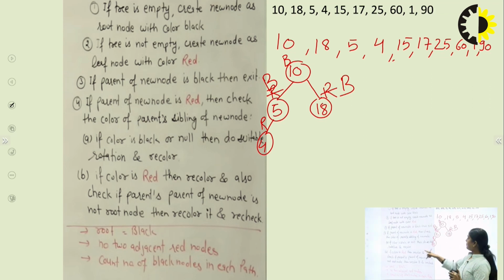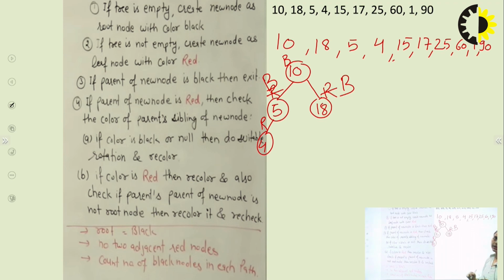What is the next step? Also check the parent's parent of the new node. Is the new node's parent of parent not a root node? But in this case, this is the root node. So exit.